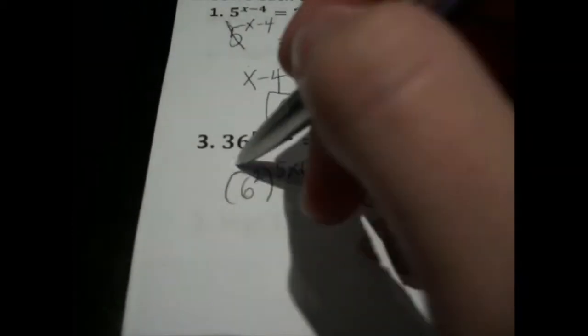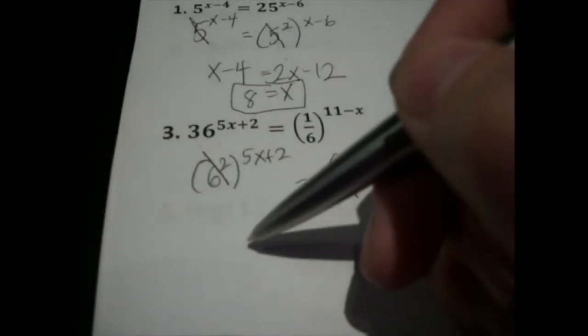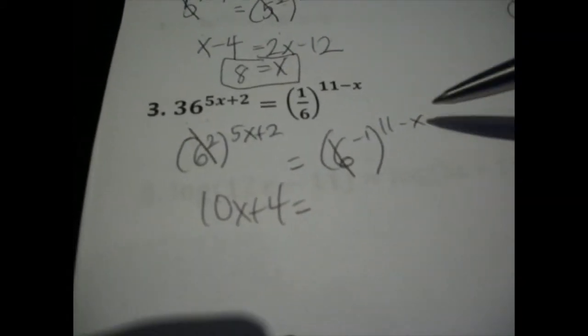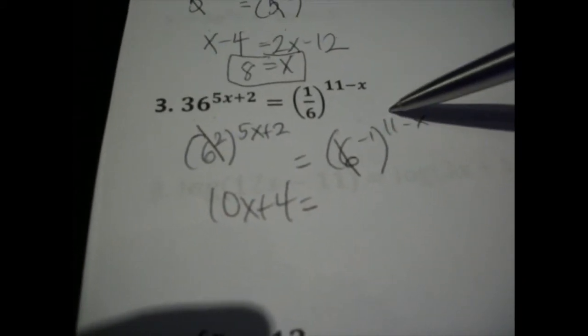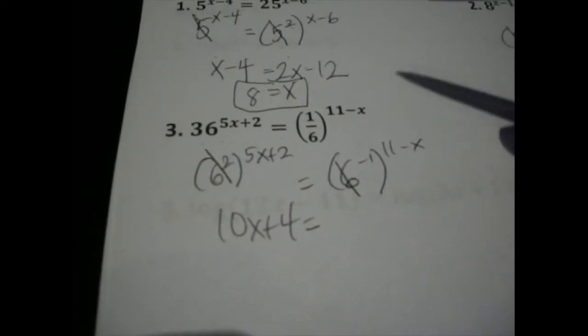Now, they have a 6. I'm going to do 2 times 5 and 2 times 2, so I get 10x plus 4. Here I have negative 1 times 11 and negative 1 times minus x, so it's going to be negative 11 plus x.